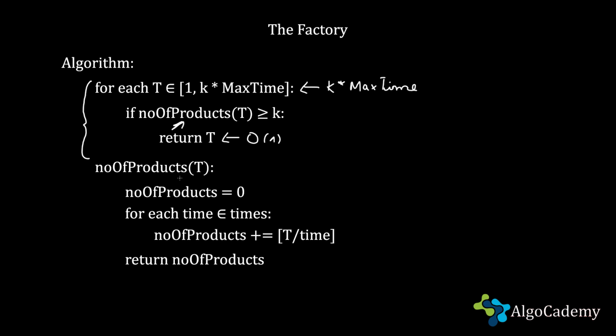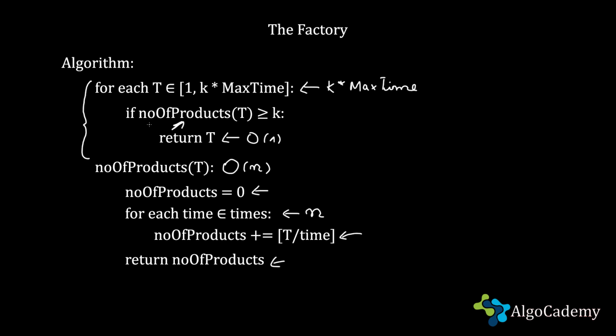So if we take a look at the function, this is of course constant, don't worry about it, constant, don't worry about it, an addition, constant, don't worry about it. And we have this for loop which goes through each and every worker, right? So this is obviously n iterations as we have n workers. So the number of products function takes big O of n time complexity to be executed on each call.